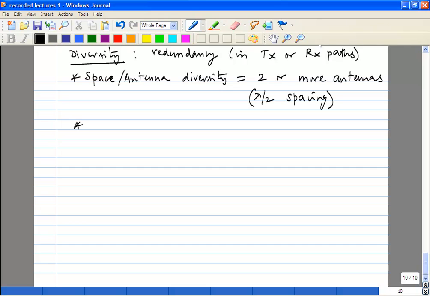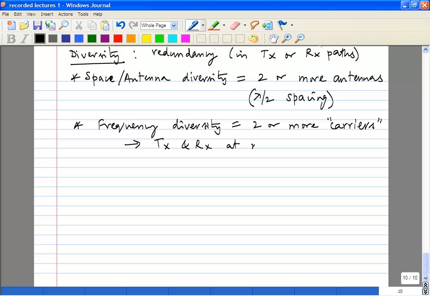Now the other kind of diversity is frequency diversity. What does this mean? This means two or more frequency carriers. So you could either transmit and receive at multiple frequencies.